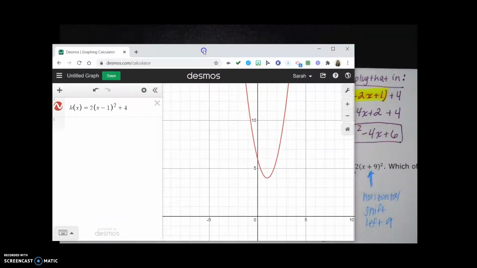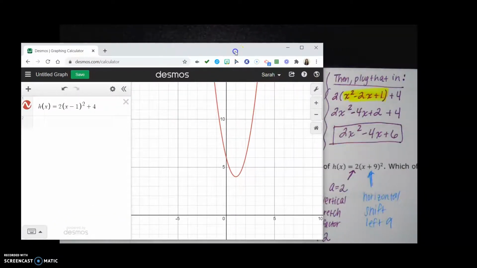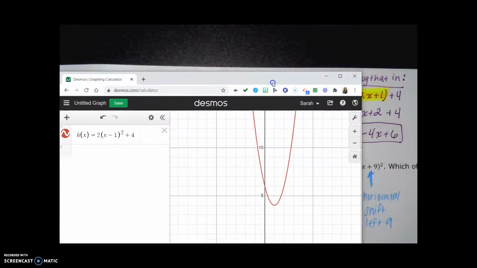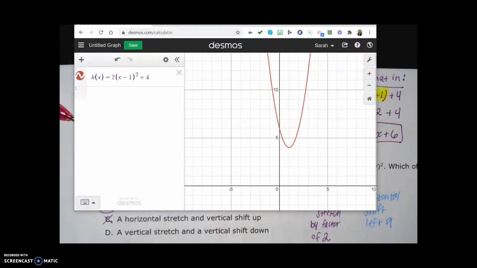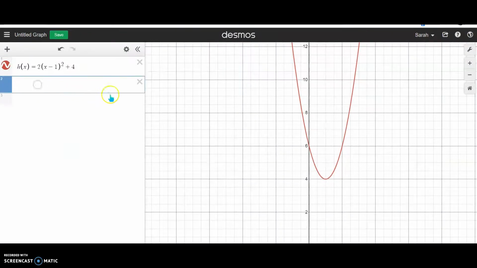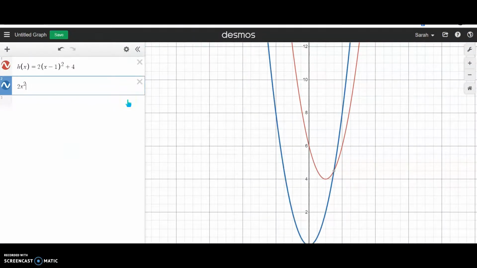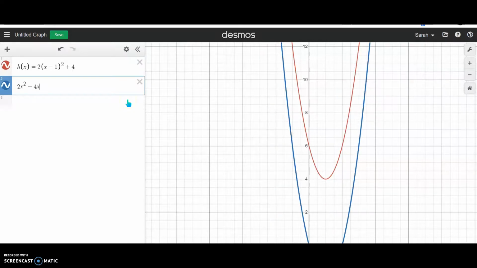All right, so that is our original equation right there that they gave to us up top. Now, what I'm going to do is expand it, and I'm going to plug in my final answer that we got, which was 2x squared minus 4x plus 6.